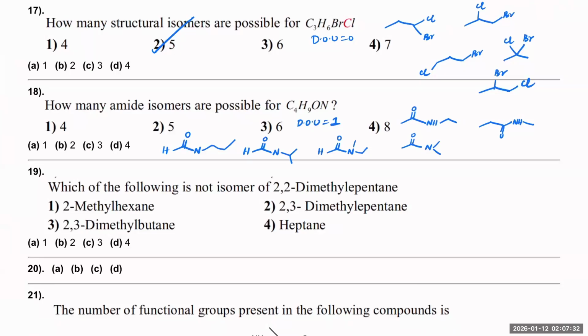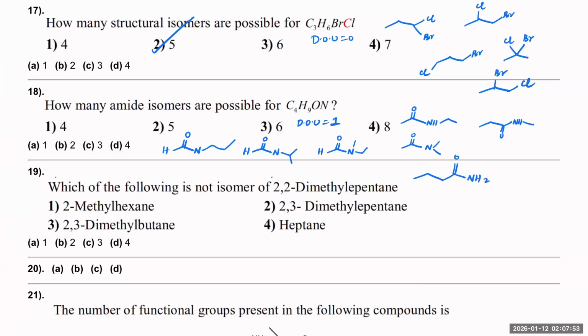So notice how many we are getting in this case now. So I got... is there anything I missed out? Amides. Yeah. I can get a primary form of amide also. Sorry. So I can get 1, 2, 3, 4. 4 double bond O NH2.